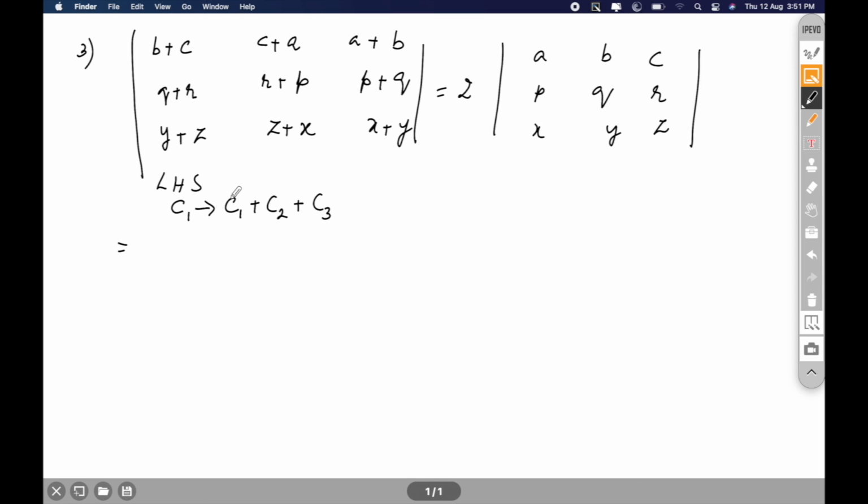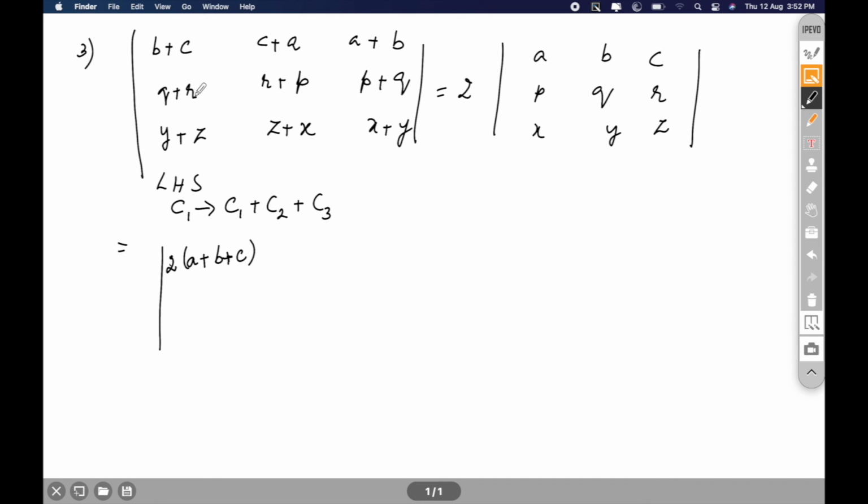Now column 1 elements will change. How? By adding column 1 elements to column 2 and column 3 elements. So the first element should be added to the first elements only. So B plus C plus C plus A plus B, right? So I get twice of A plus B plus C. All the column 1 elements will change.